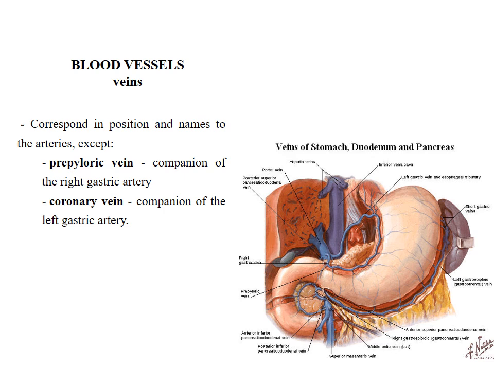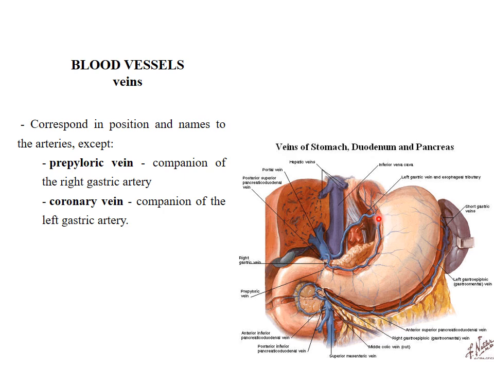This is the portal vein. The splenic artery, gastroepiploic left and right veins, then the splenic vein, then the hepatic vein. This is not the hepatic vein, but this is the portal vein.